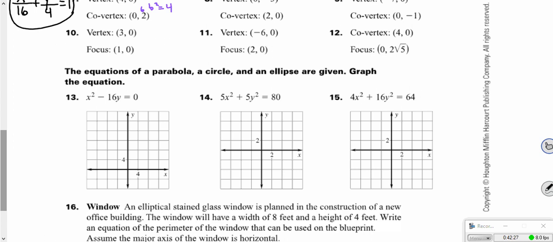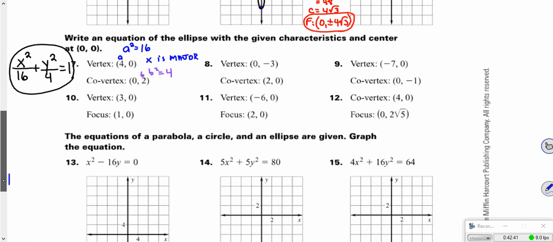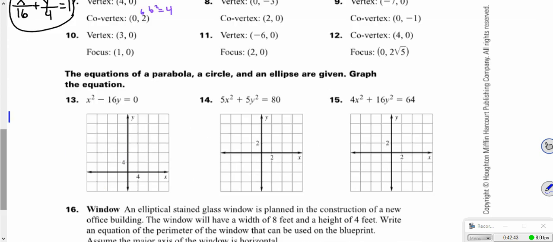Parabolas have only one squared variable.